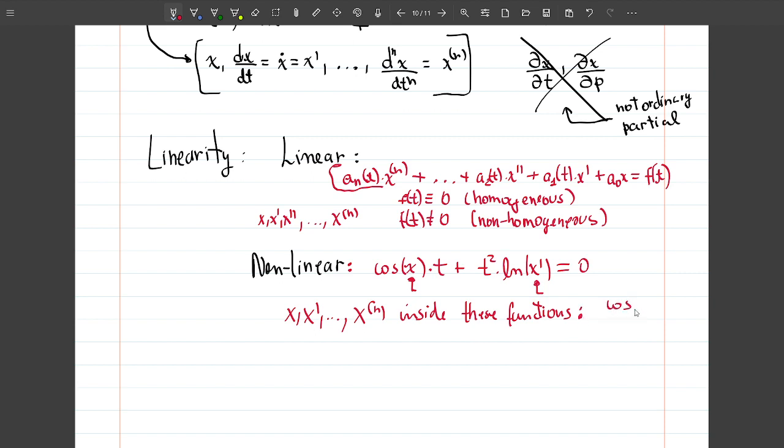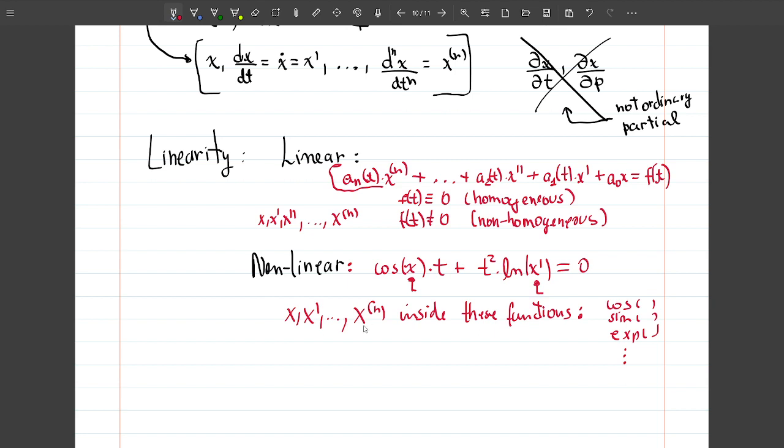I'm talking about cosine, sine, exponential, logarithms, and we can also say absolute value, all these kinds of functions. Then we have nonlinear equations.